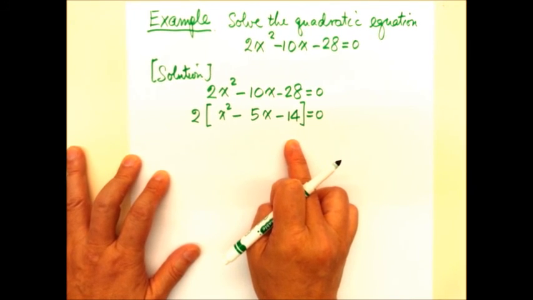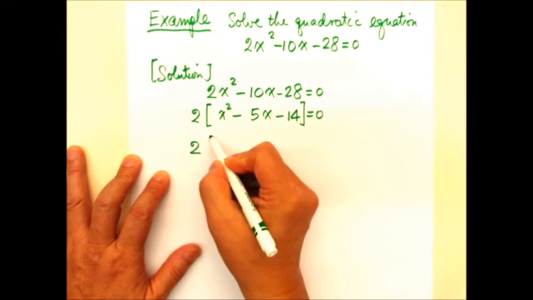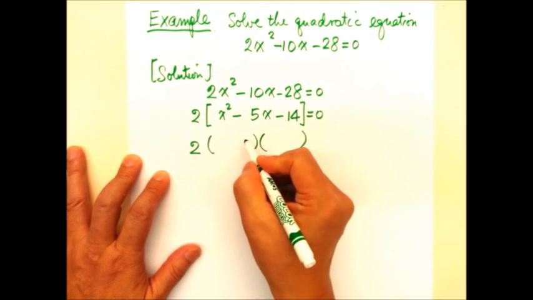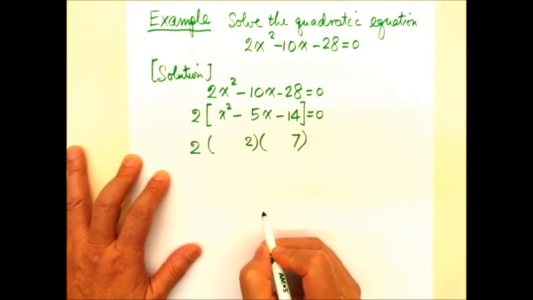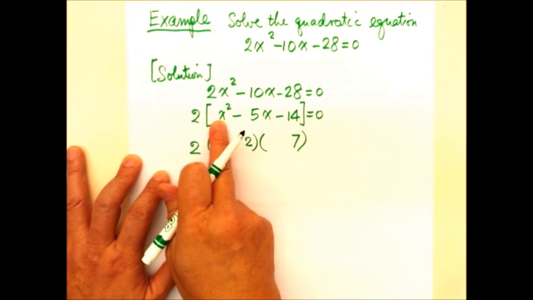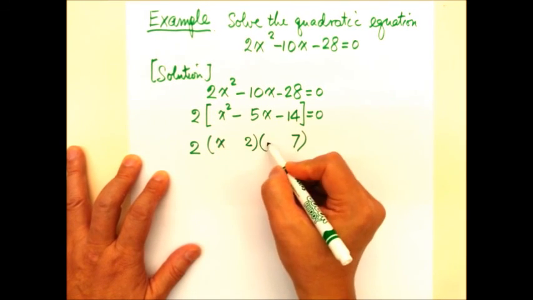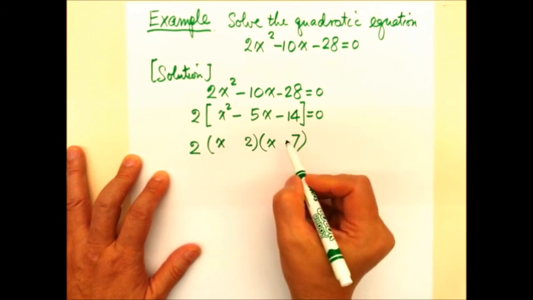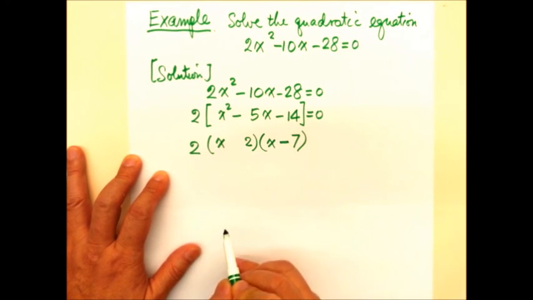That means factorize it. And it's not difficult. 14 is 2 times 7. And here, x squared, it must be x and x here. Now, here's minus 5. So here should be minus 7 and plus 2.